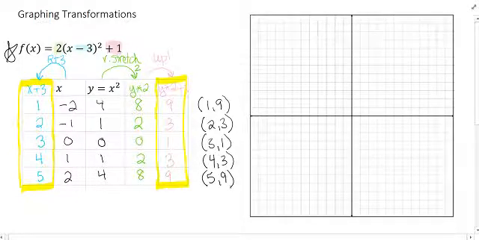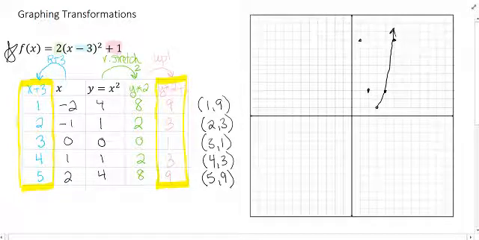So let's go ahead and graph those. (1, 9): 1, 2, 3, 4, 5, 6, 7, 8, 9. (2, 3), (3, 1), (4, 3), and (5, 9). This is my transformed quadratic function.